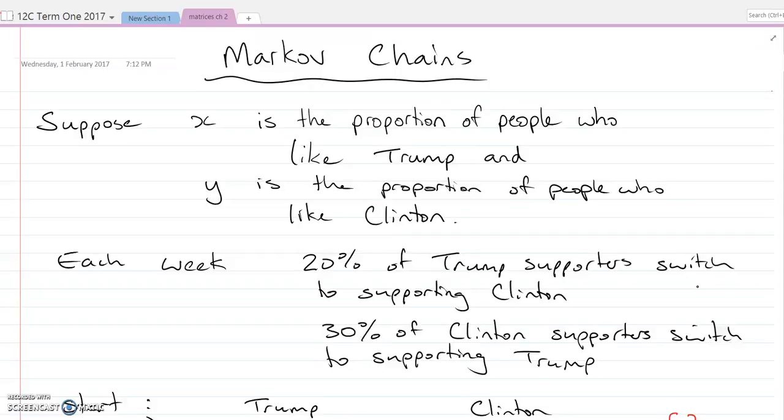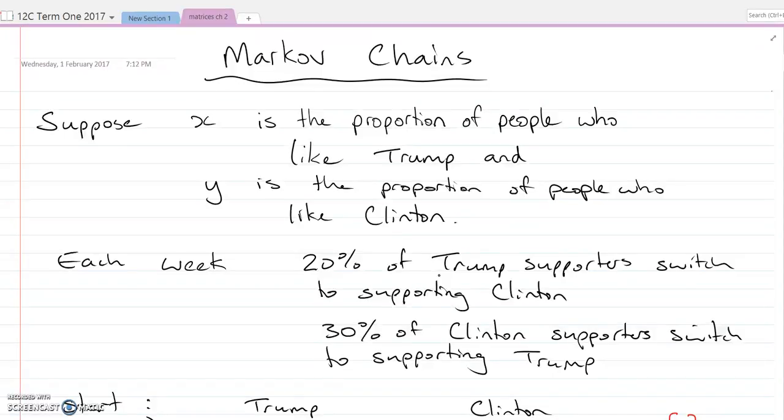So we're going to look at what's going to happen if this same thing happens every week. And if you think about it, more people are defecting from Clinton. Trump doesn't have as many people defecting each week. So obviously each week Trump is going to have a little bit higher percent.